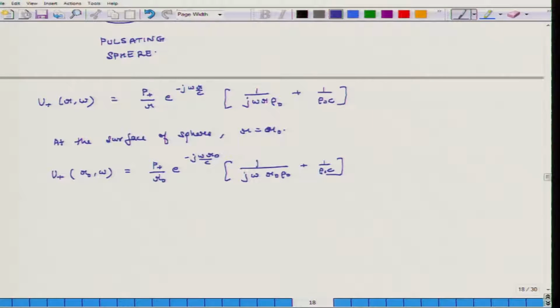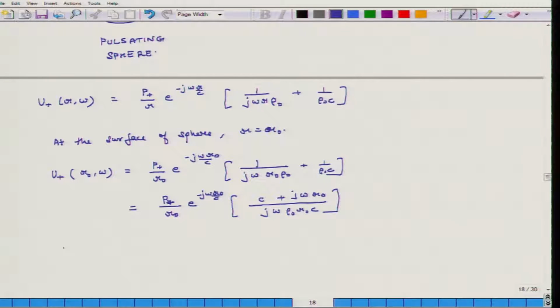Okay. So, I can rewrite it as P plus divided by r naught, e to the minus j omega r naught over c, times, adding these terms, j omega rho naught r naught c divided by c plus j omega r naught.